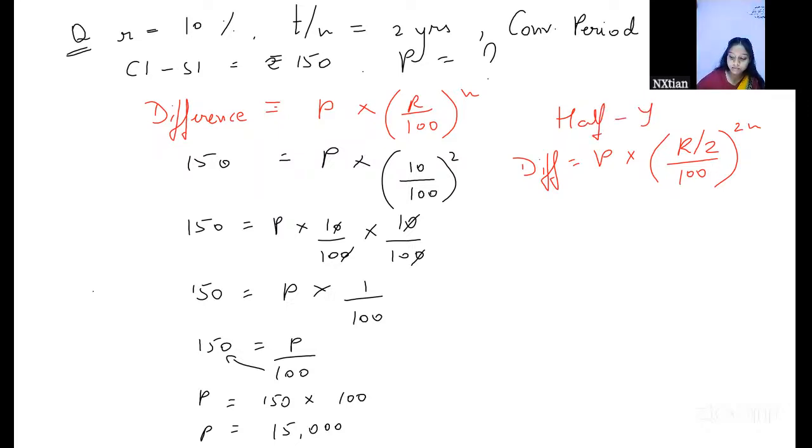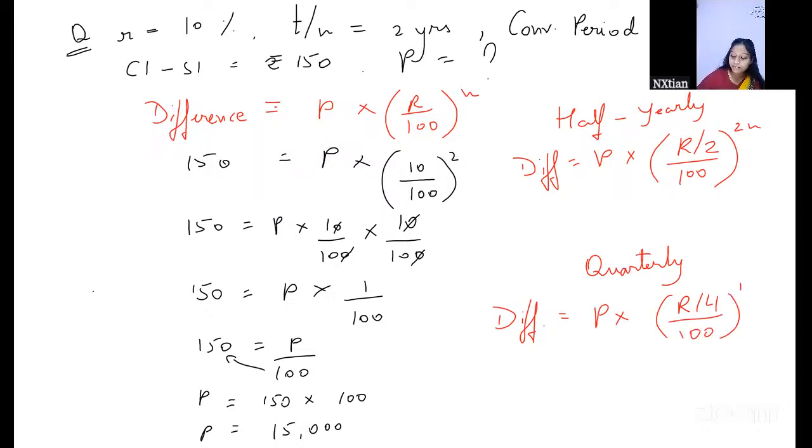If it's quarterly, same as the amount formula, the formula becomes difference equals P into (R by 4 by 100) raised to the power 4n. This way the formula changes for half yearly and quarterly.